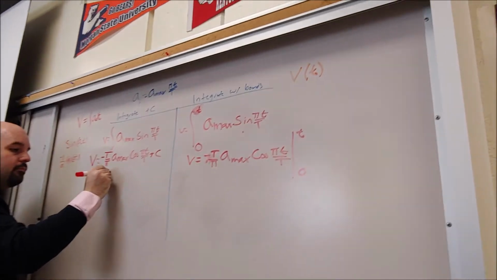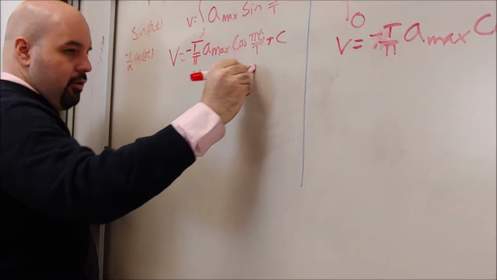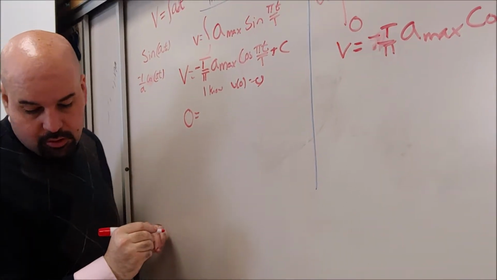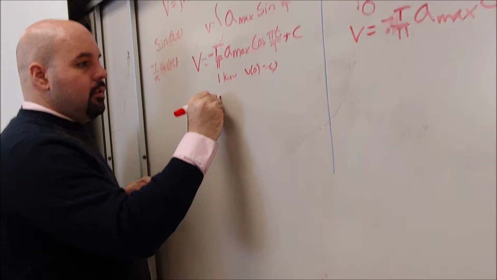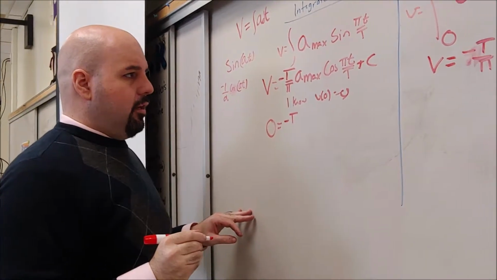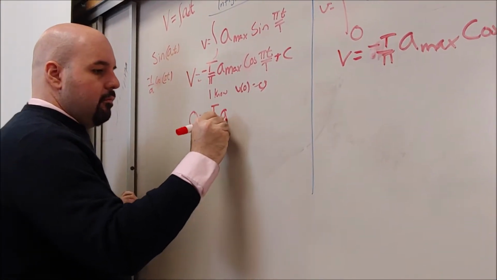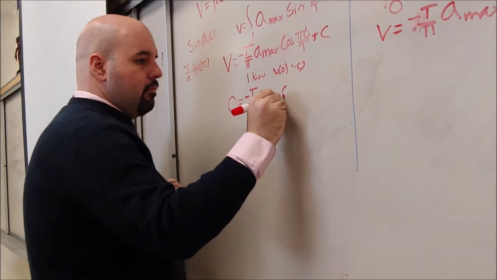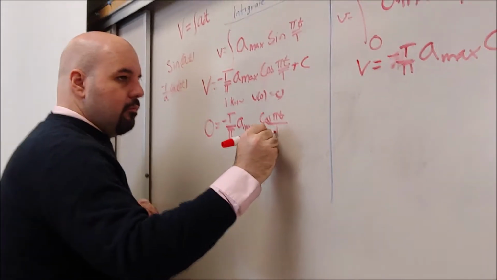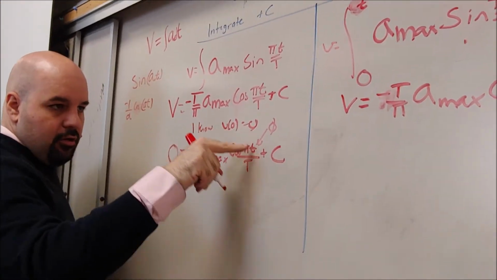So I know the velocity at time 0 is 0. So I'm going to put 0 in here. 0 equals... Wait, hold on. I feel like I'm skipping something right now. No, I'm not. But I gotta put 0 in for time, because at time equals 0, I put 0 in there.